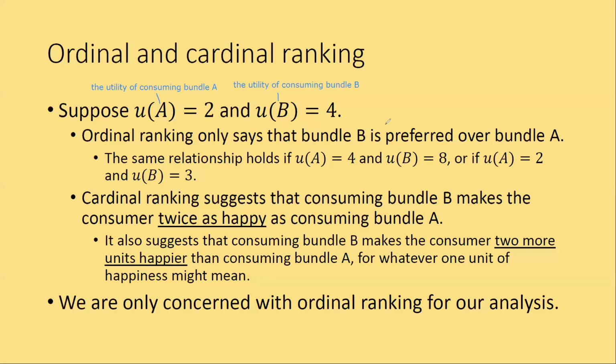So for the purpose of this course, we are only concerned with ordinal ranking. So basically, it is saying that we can make some monotonic transformation of our utility functions. For example, we can double the numbers of our utility functions and all the results will hold exactly the same.